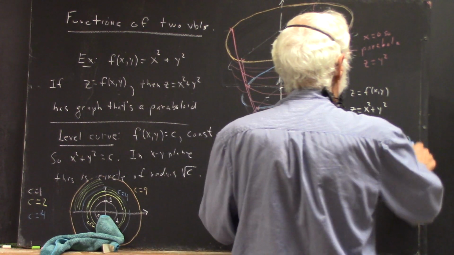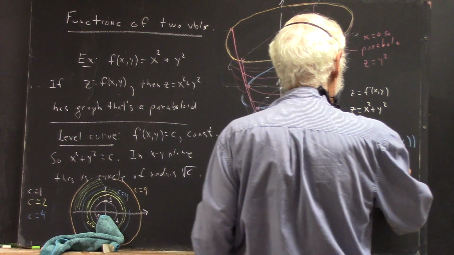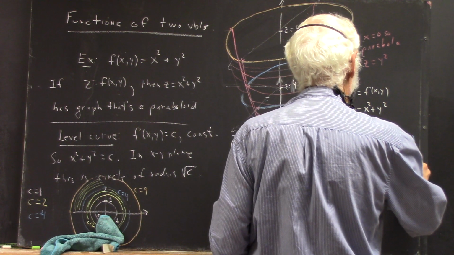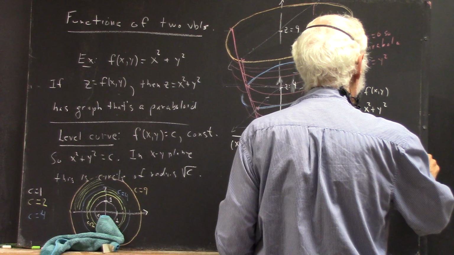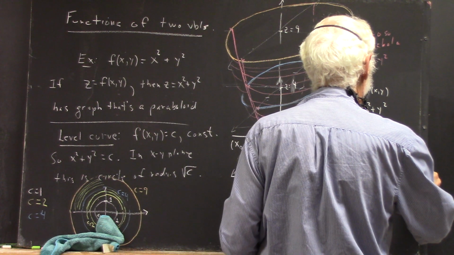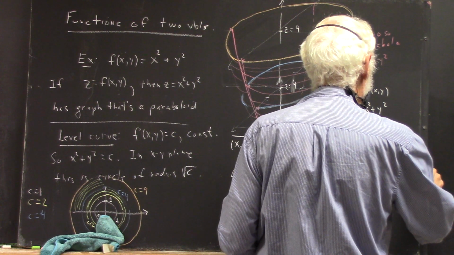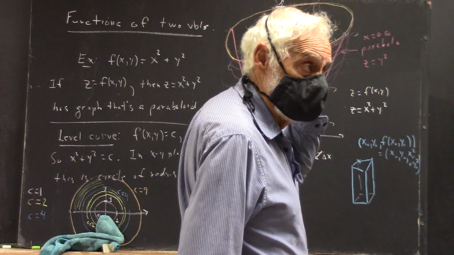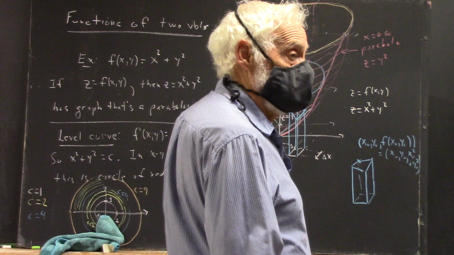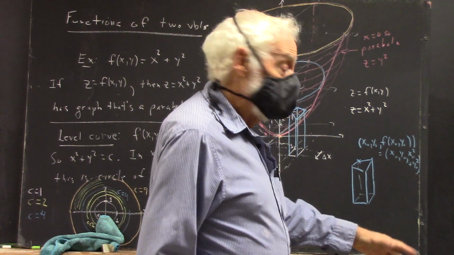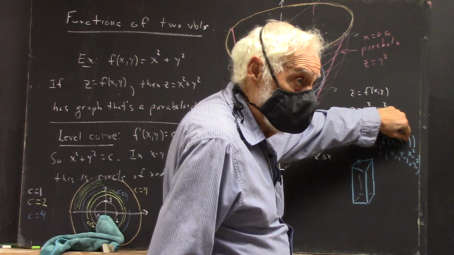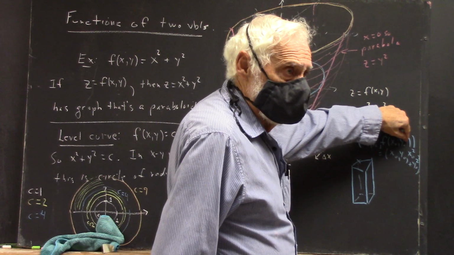And of course, for this function, this is the point x naught, y naught, x naught squared plus y naught squared, okay? But for any function at all, we could represent the point by x naught, y naught, f of x naught, y naught. Make sense?